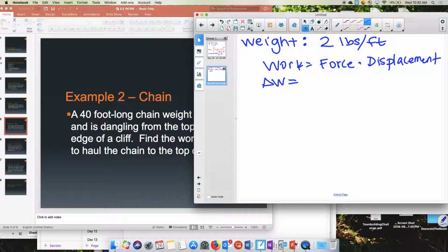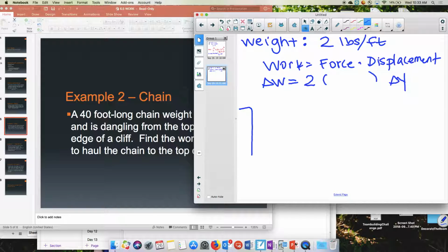Our force is going to be 2 pounds times however much is left. So I'm going to say that is change in y. It depends on how much is left.